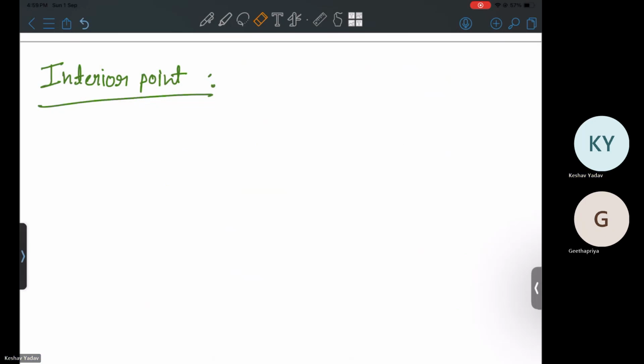Okay. So for interior points, if I and J both odd, it implies W will be what? 16.